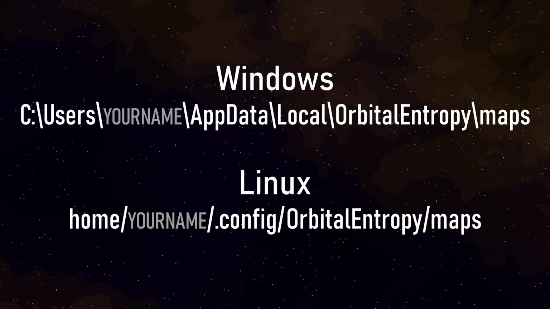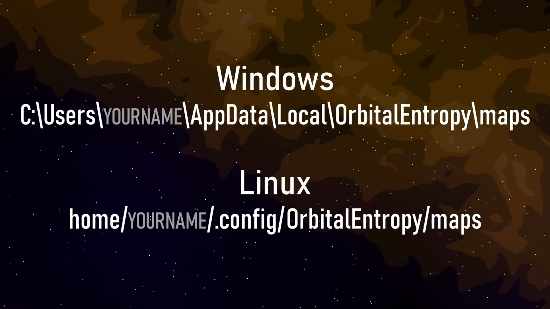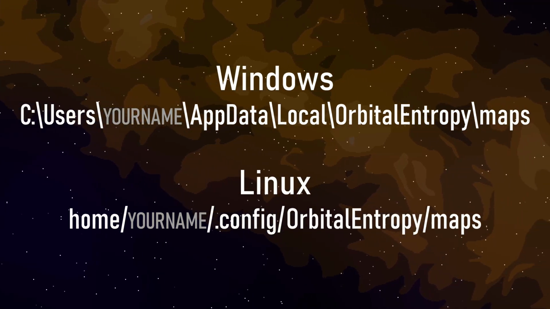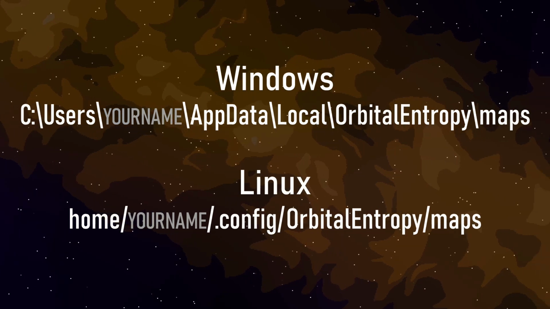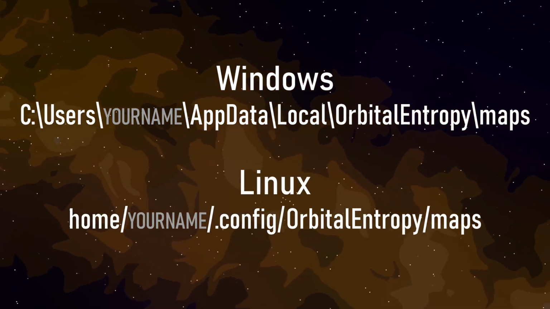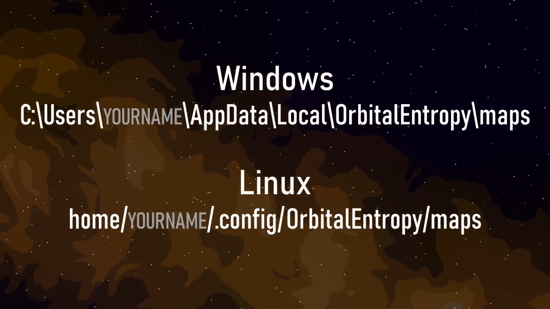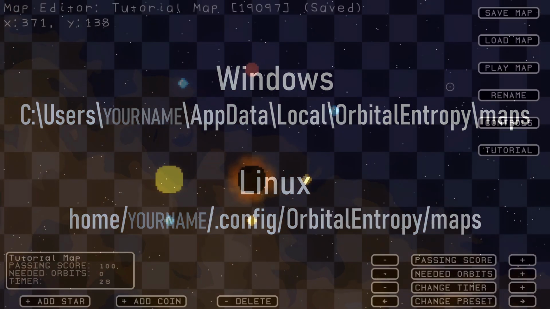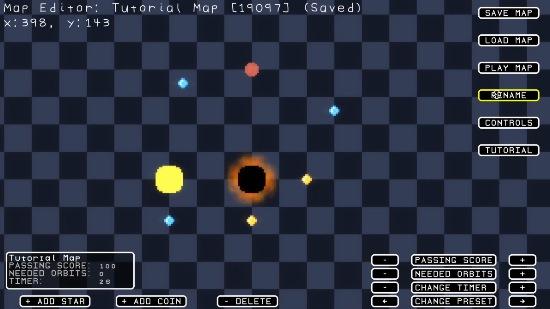So it would be home, your name, .config, orbital entropy, and maps. Make sure you have show hidden files turned on in your file browser, otherwise you won't see the .config folder. If you want, you can also rename your map with this button right here, or by pressing Ctrl R.